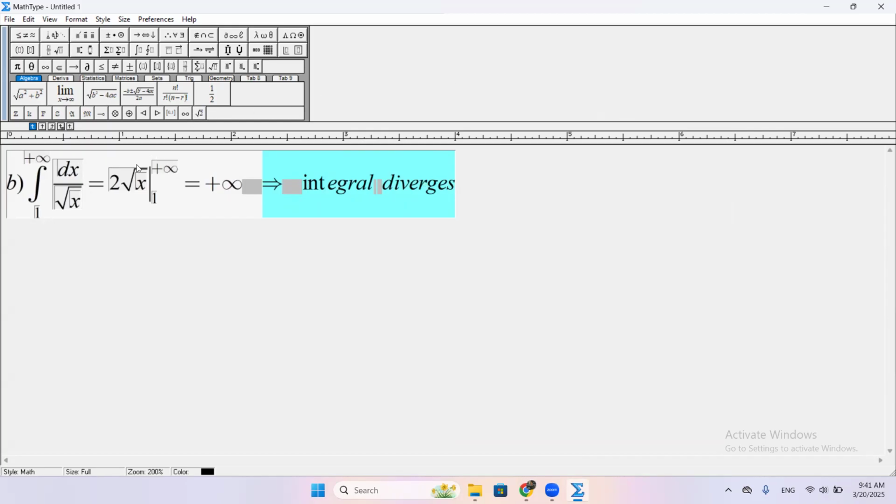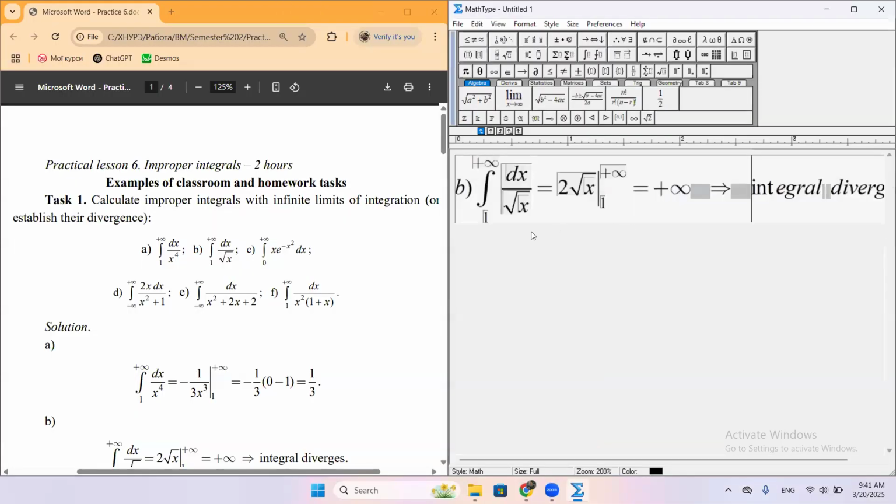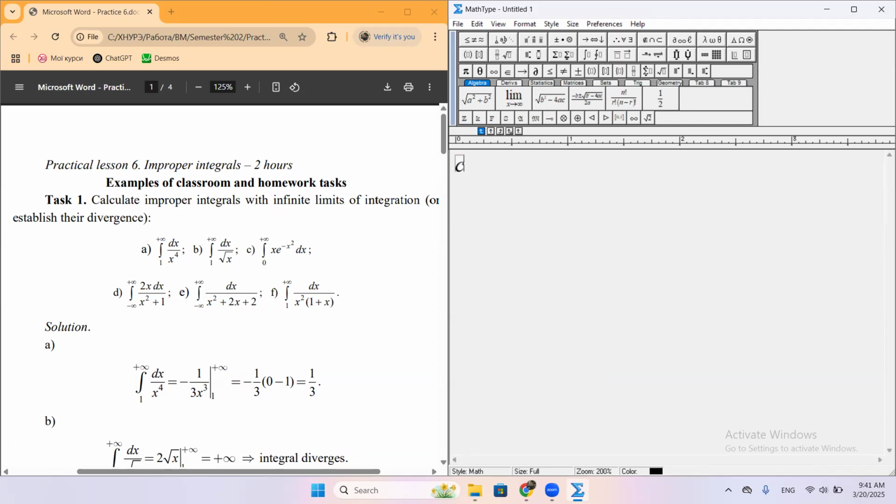Or we also can calculate the limit. So we can transfer to the limit of this value, and if the limit does not exist, as well, the integral diverges. Any questions about this exercise? Okay, if no questions, let's move next.